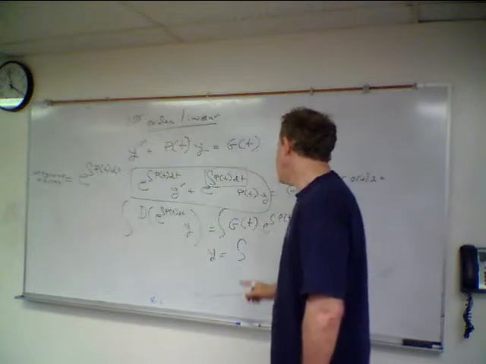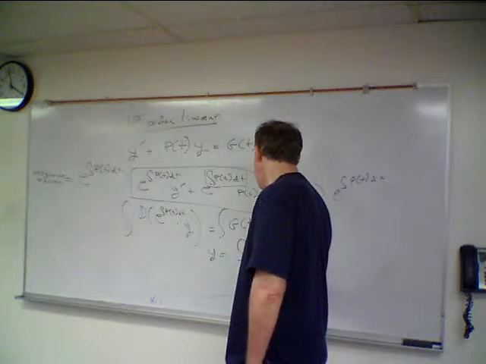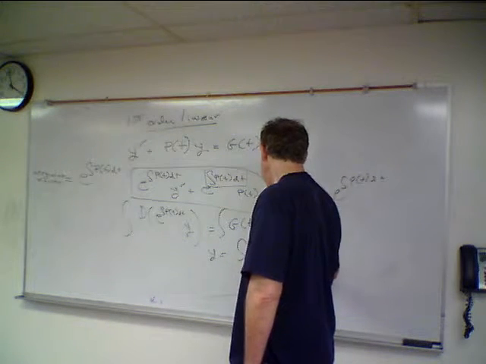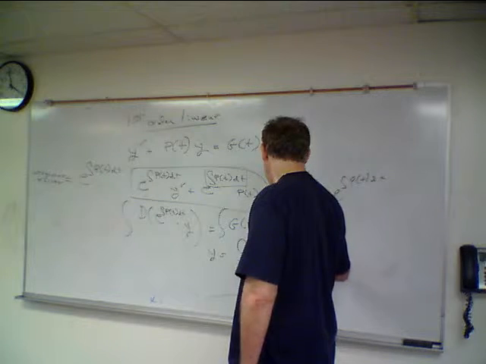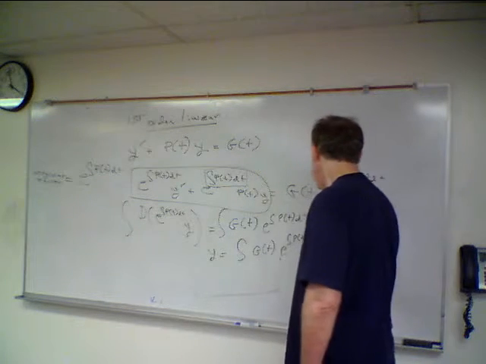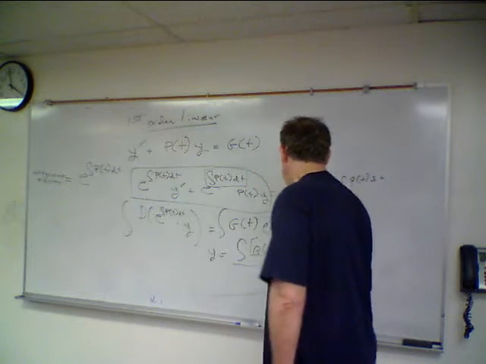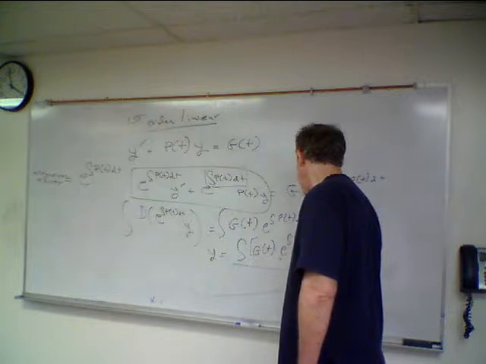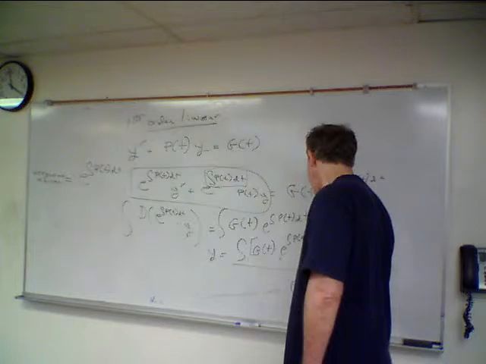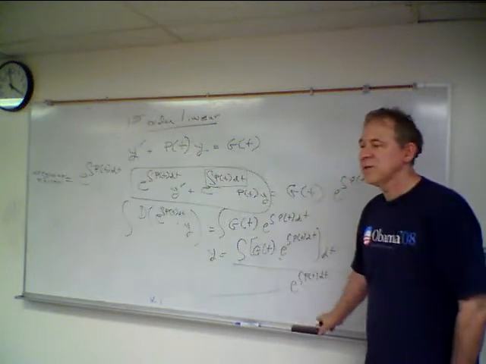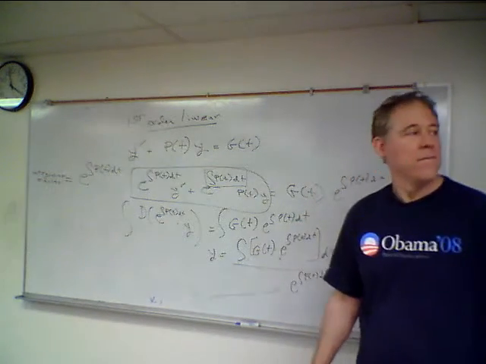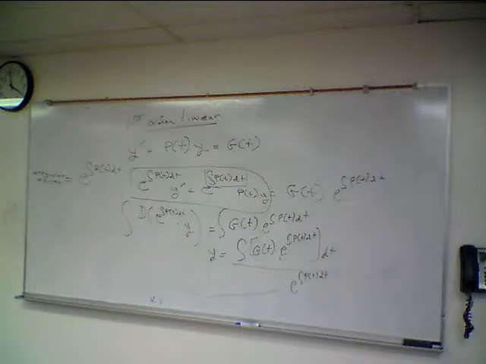Okay, so y is going to be the integral of g of t times the integrating factor, all integrated dt, divided by the integrating factor itself. That's going to be the solution. So, this is first order linear. To get back to our problem, this is first order linear.